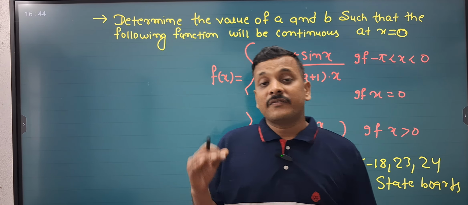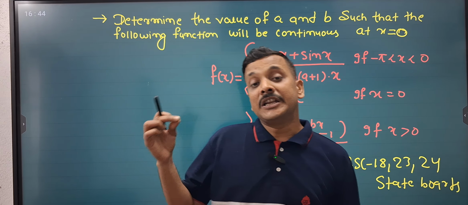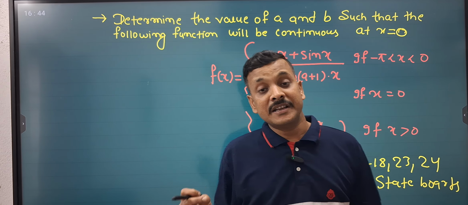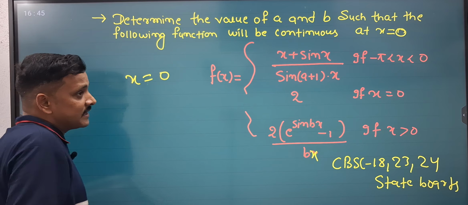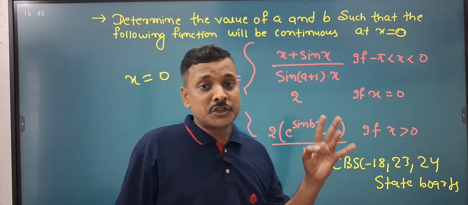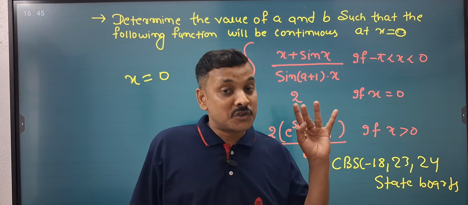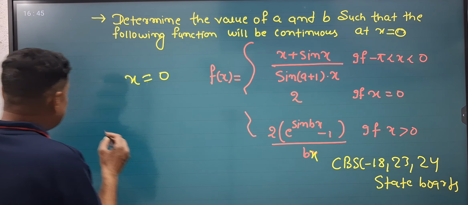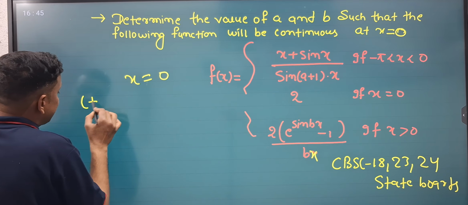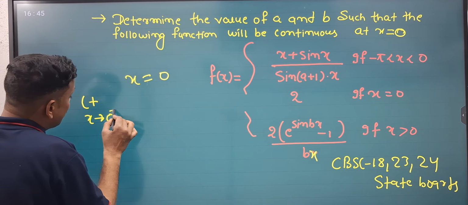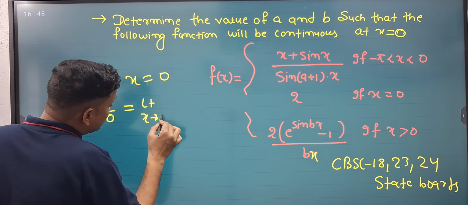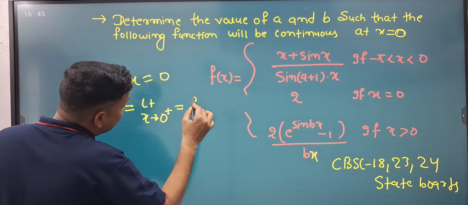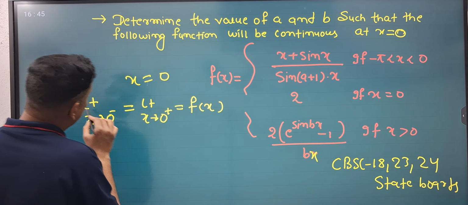You know that if any function is continuous at any particular point, like x equals 0, that means LHL limit equals RHL limit equals functional value. That means limit x tends to 0 minus equals limit x tends to 0 plus equals functional value.